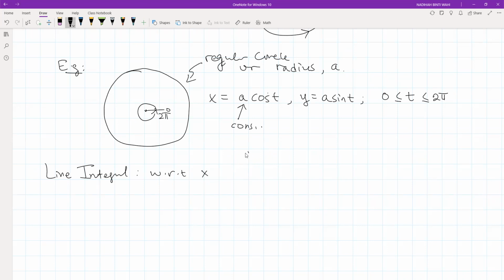It means that it is a single integral on line C, curve C, f(x,y) dx. If you have a line integral with respect to y, then you can just change your dx into dy.